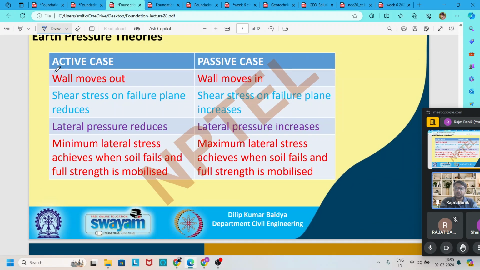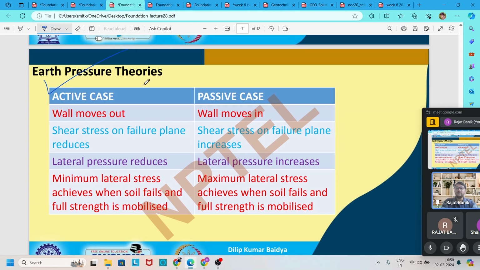Then there is one table given to differentiate the active case and the passive case. In the active case, the wall moves out, meaning the wall moves away from the backfill material. If you draw one wall, the front side is passive, and the backside, which retains some material, is the backfill material.